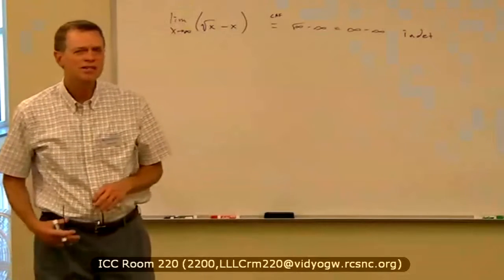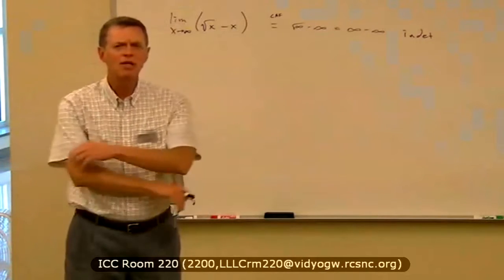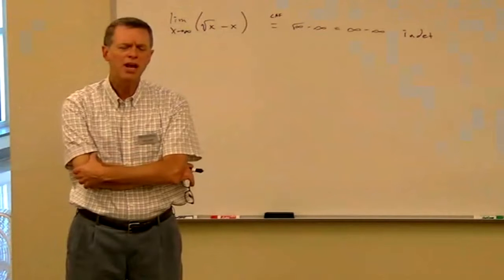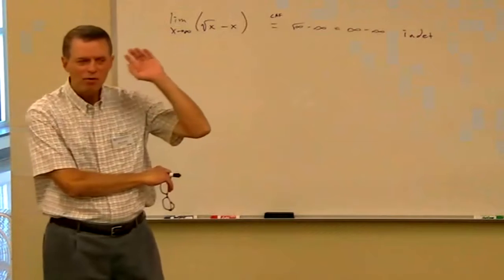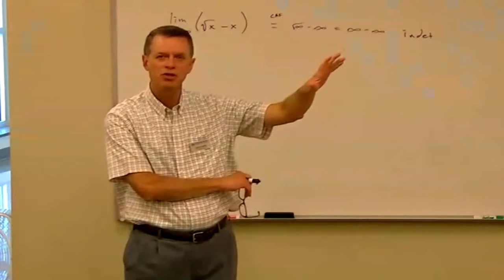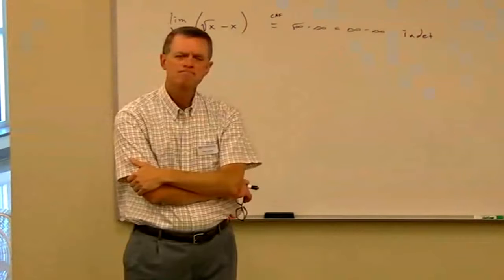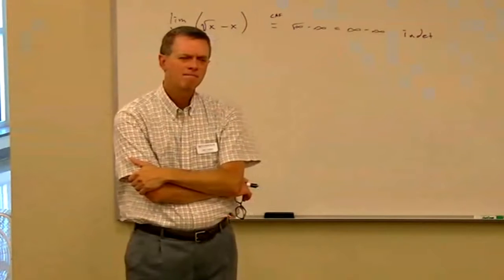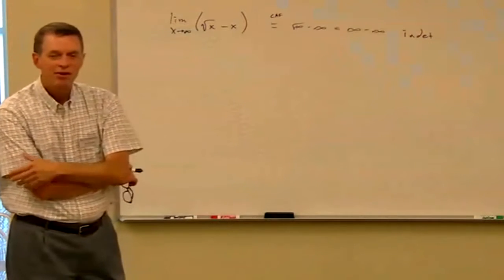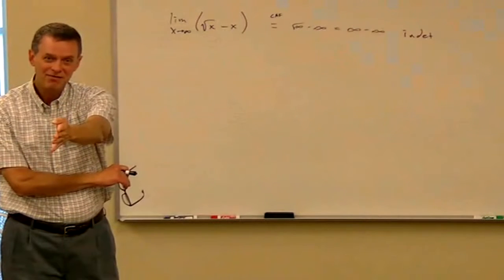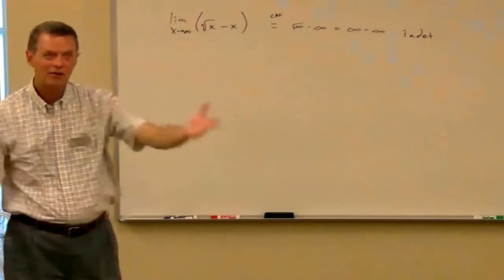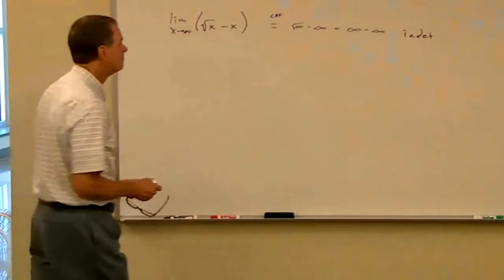Well, no, infinity is a concept, so you can't use an actual number. It's a number that's bigger than the biggest number I can imagine. What we did before we canceled, as Joe said, was factor. Let's factor.